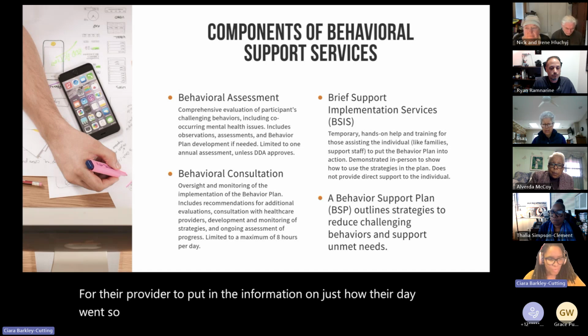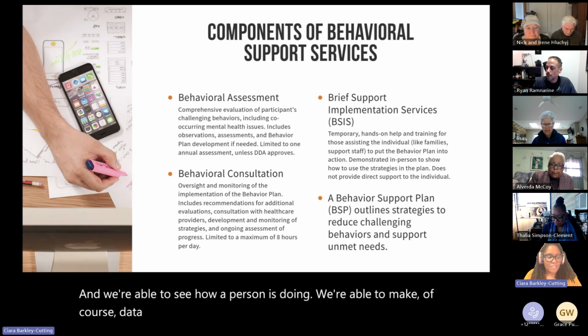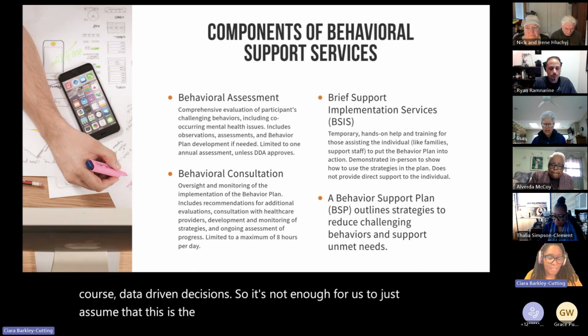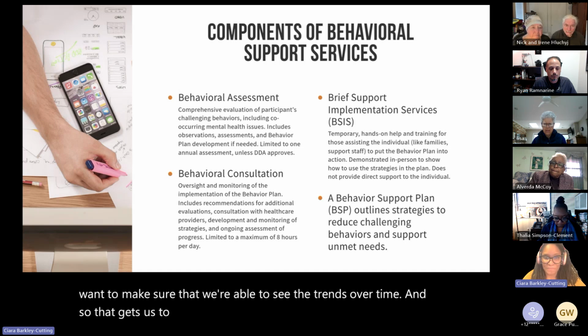If we're tracking different things and we're able to see how a person is doing, we're able to make, of course, data-driven decisions. It's not enough for us to just assume that this is the reason why something is happening. We want to make sure that we're able to see the trends over time. And so that gets us to the data collection.